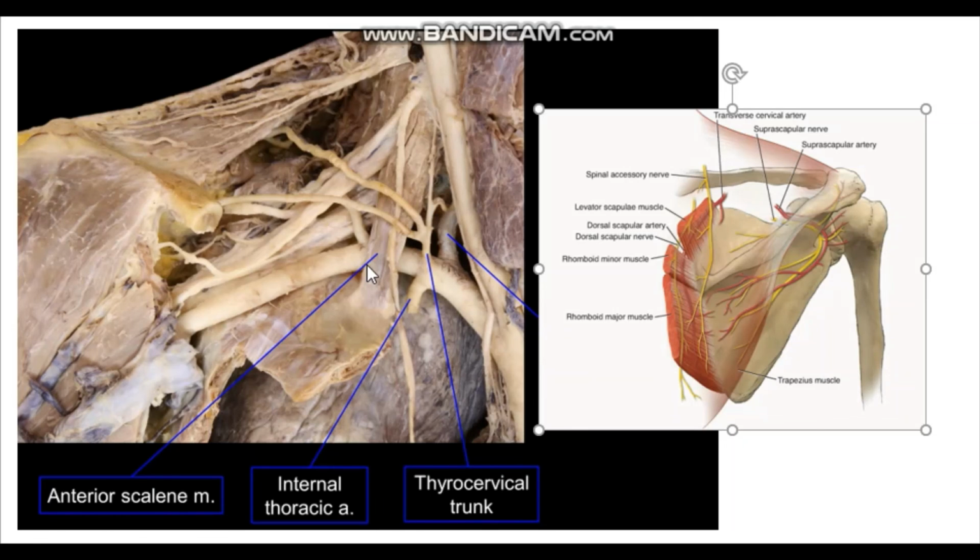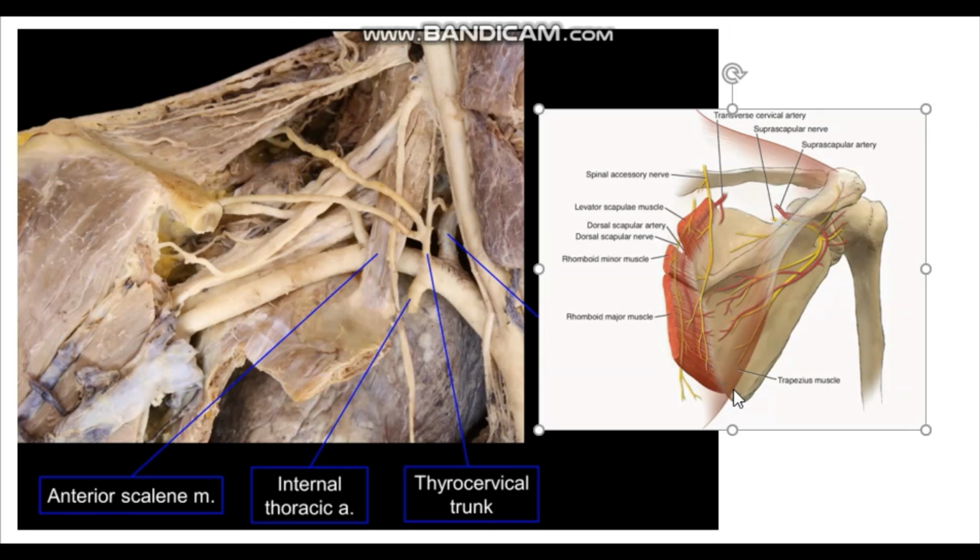The last portion of the subclavian artery contains just one branch, like the previous one. The branch is called the transverse cervical artery, and it divides into two branches, superficial and deep. The deep one has a specific name, the dorsal scapular artery. It goes dorsally through the brachial plexus bundles, and on the dorsal surface of the back, it goes along the medial margin of the scapula to its inferior angle.